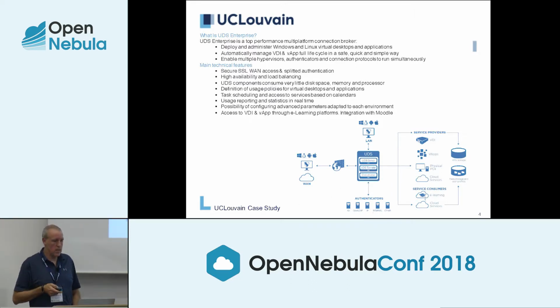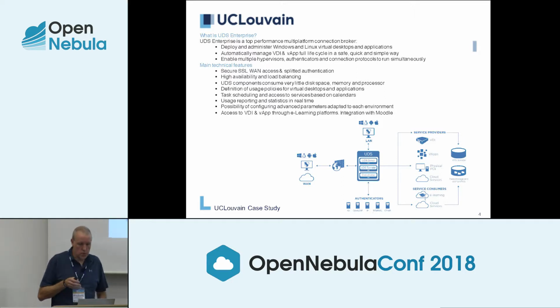The UDS Enterprise solution comes in front of the OpenNebula infrastructure. You have three main components in the solution: the UDS server, the UDS tunneler, and a MySQL cluster. First of all, the UDS server, which is the front end.